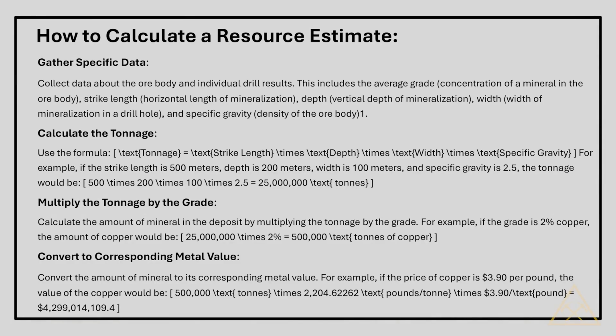How to calculate the resource estimate? It's a matter of gathering a lot of specific data from the resource estimate itself, which is done by calculating the tonnage in the ground and multiplying the tonnage by grade and weights and other metrics and converting it to metal values. It can be done, but that is what the resource estimate is, so it's already done for you. But I know people that have done it on their own, and a lot of companies.